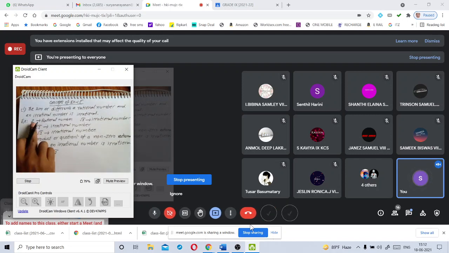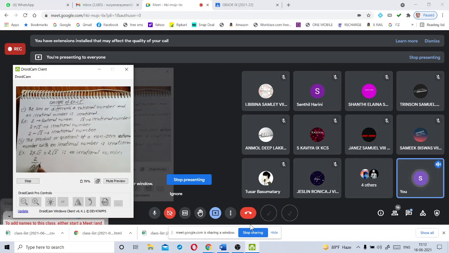Similarly, the quotient of these two numbers means 2 by root 3.